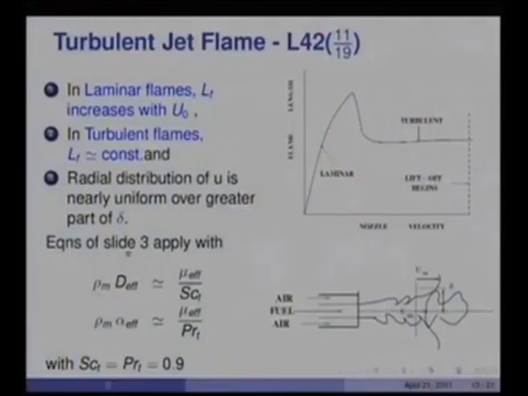So, the equations of slide 3 apply, only the effective values will be used as mu effective divided by Schmidt number, and effective thermal diffusivity will be mu effective divided by Prandtl number. In gases, Schmidt number and Prandtl number in the turbulent range is about 0.9, as we have seen in the turbulence modeling part of the course.